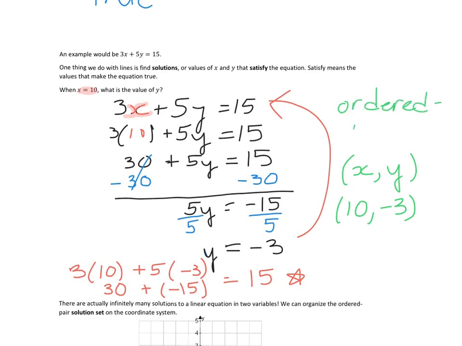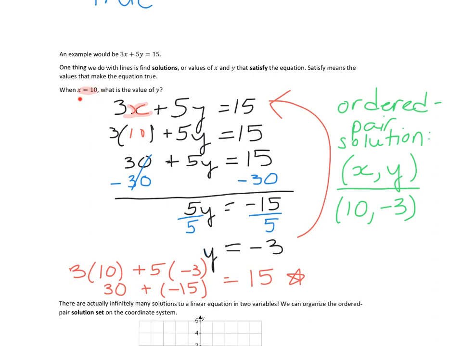We write this as an ordered pair solution. And for an ordered pair solution x and y, if we had different variables, like let's say s and t, you organize your ordered pair just alphabetically. So 10, negative 3.